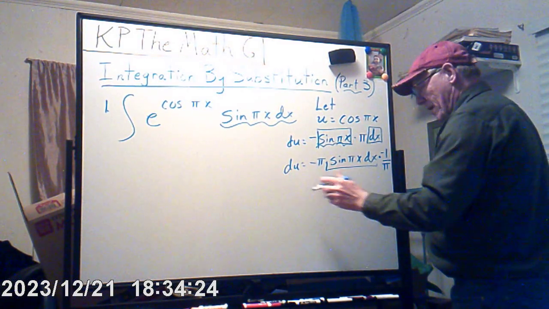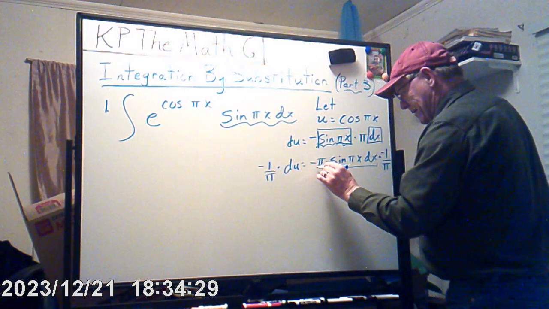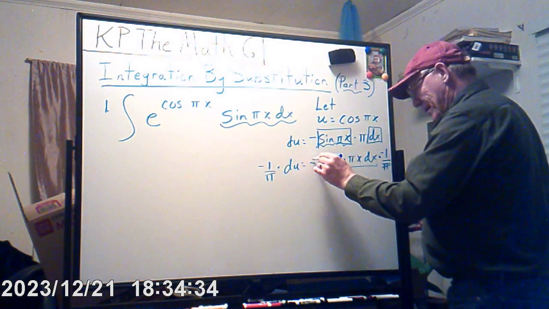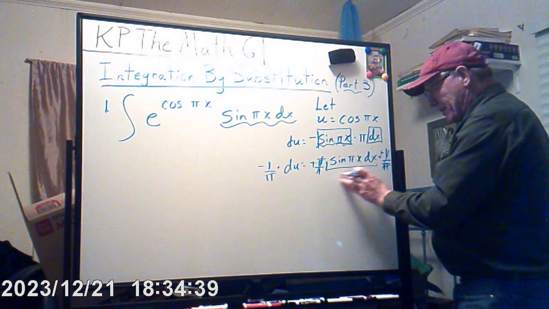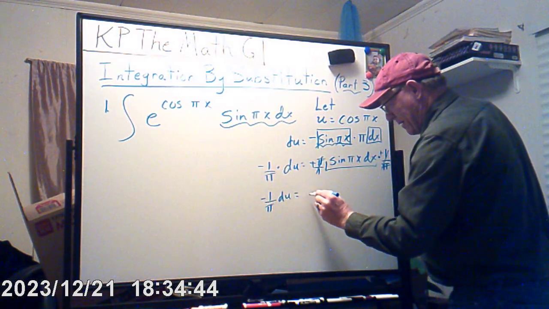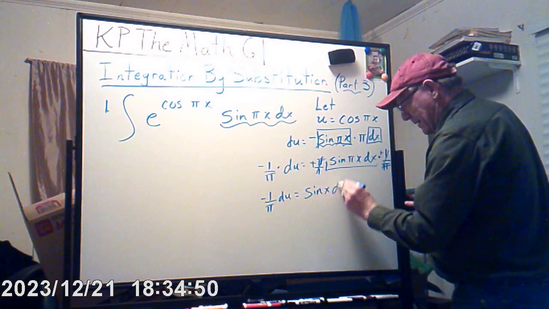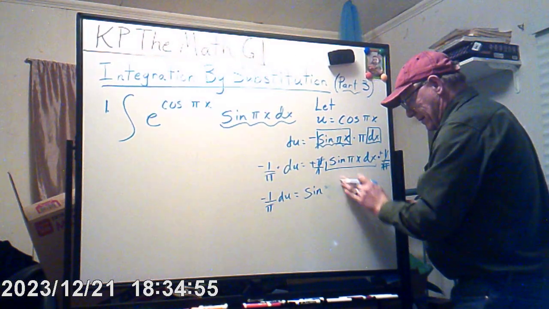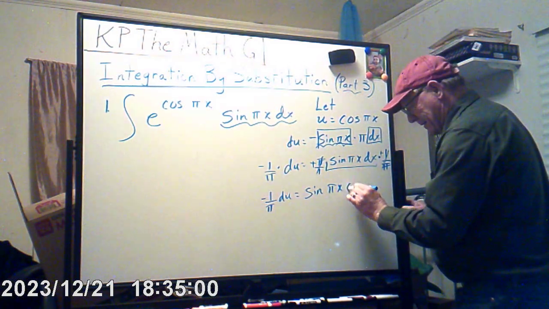What happens is the pi's divide out, the negative signs also, and you're still just left with negative 1 over pi du is equal to sine pi x dx.